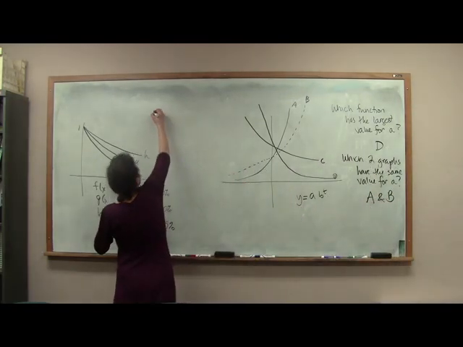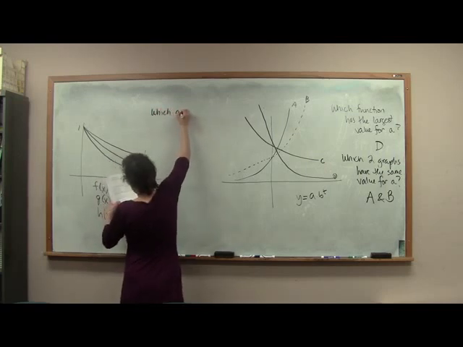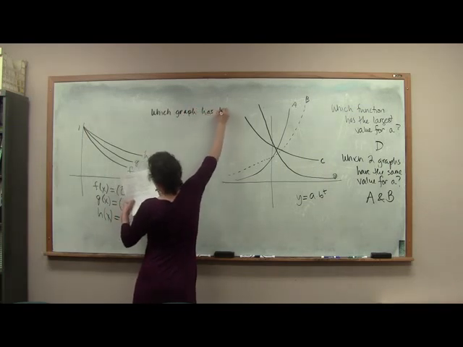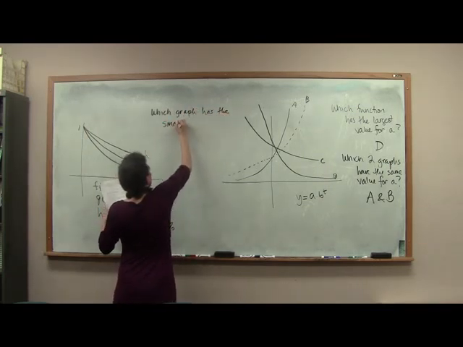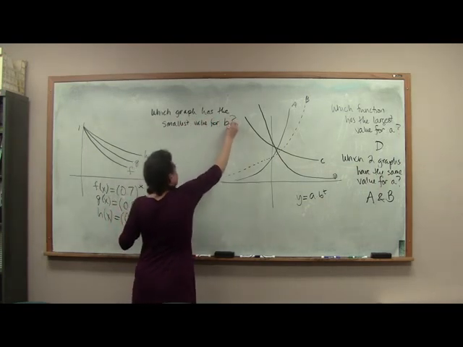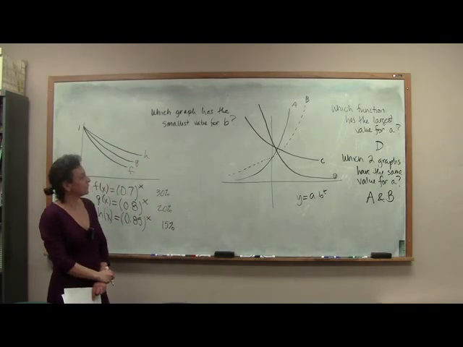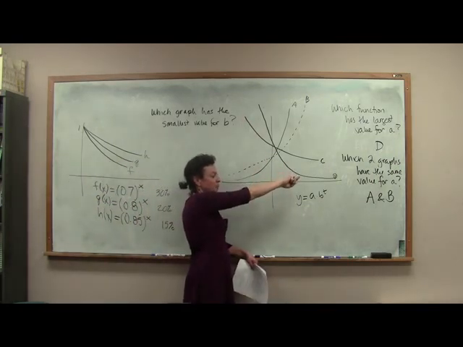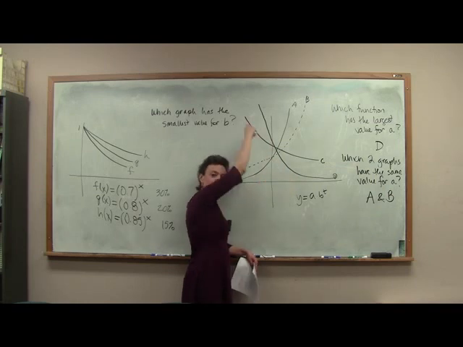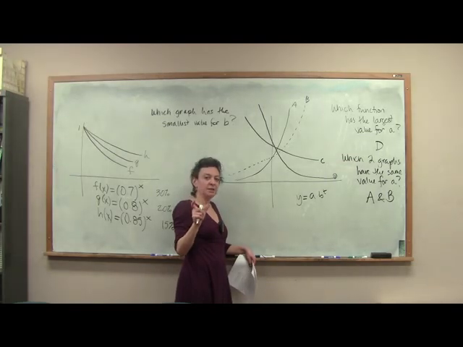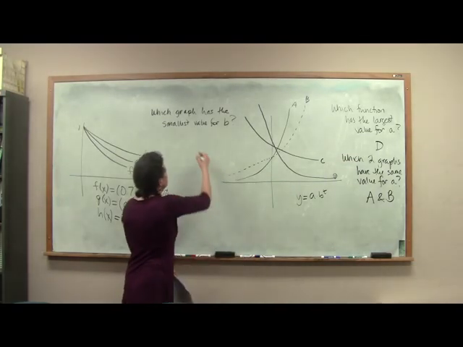Which graph has the smallest value for b? Well, clearly the smallest values are going to be the ones that are decreasing. And remember, the smaller the value, the faster it decreases. Again, because that rate at which it decreases must be greater. So I claim D.